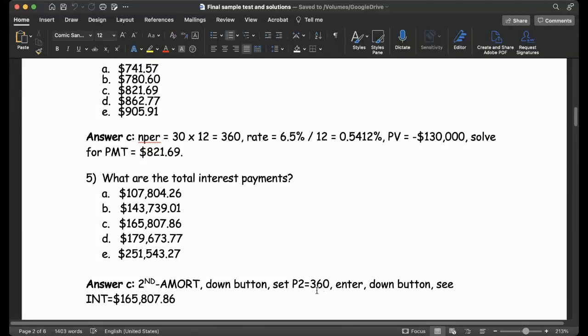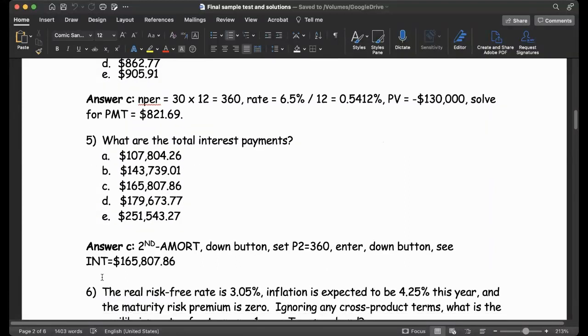You're asking for all the information that covers all the months. You press enter, press down button, you will see INT, total interest payment, as 165,807.86.